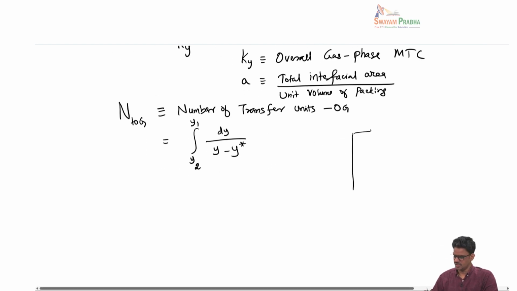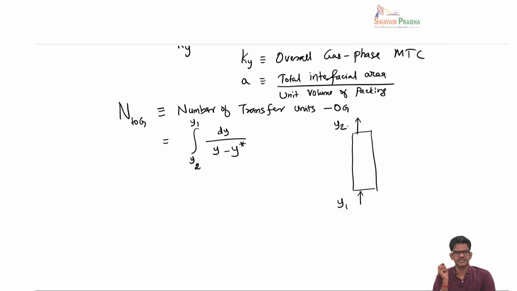So in the absorption column, y1 is the mole fraction of the solute in the inlet gas, and y2 is the mole fraction in the exit conditions, and y star is the equilibrium composition. So y minus y star is the driving force available for gas phase mass transfer.